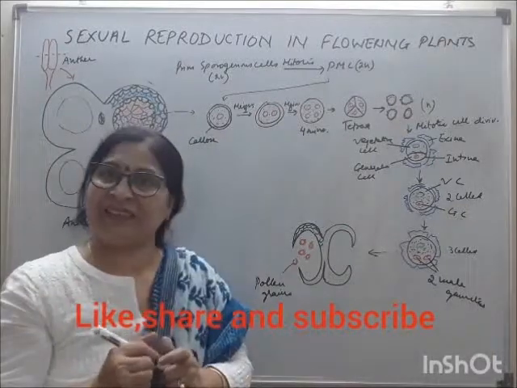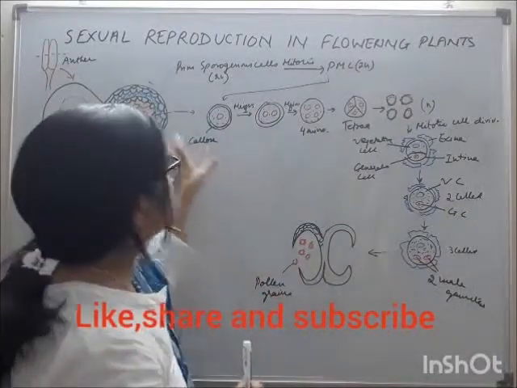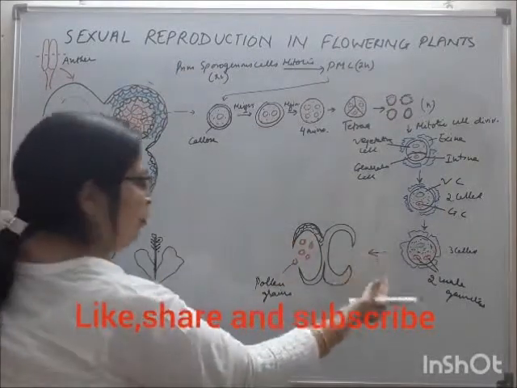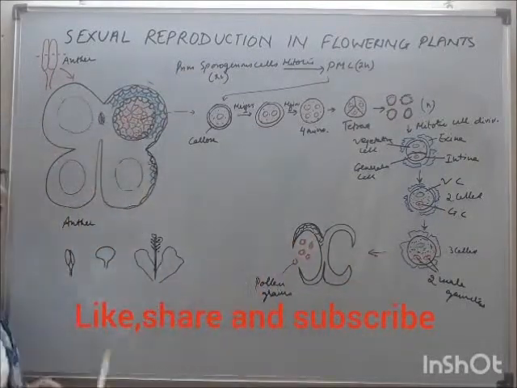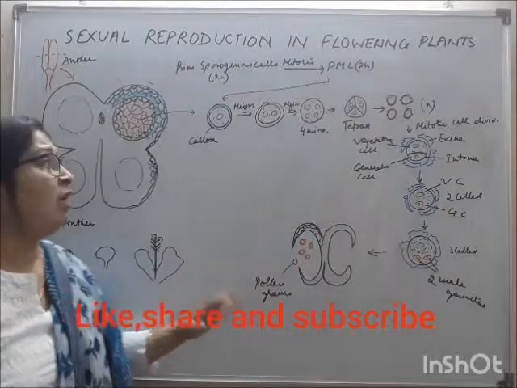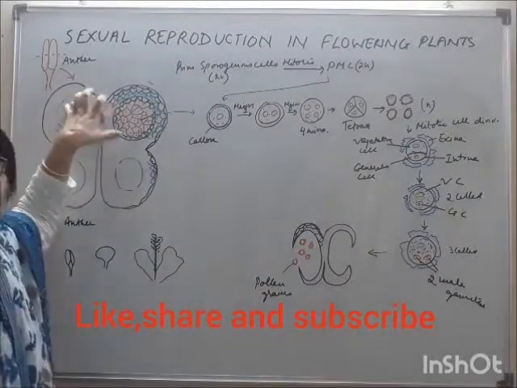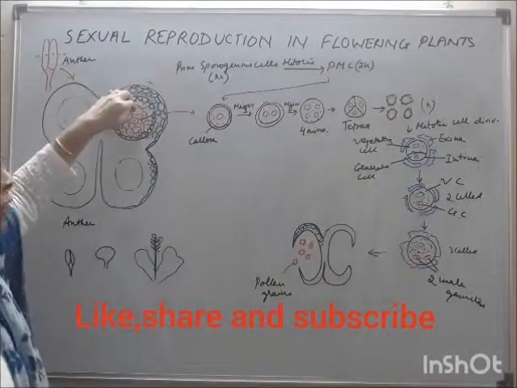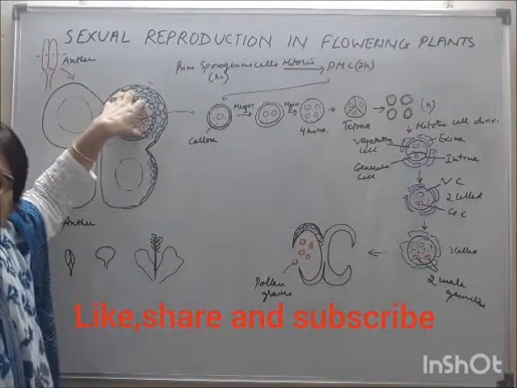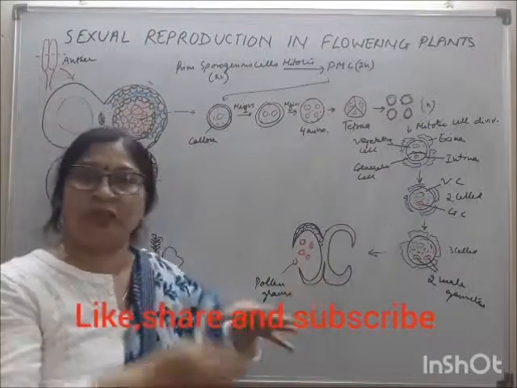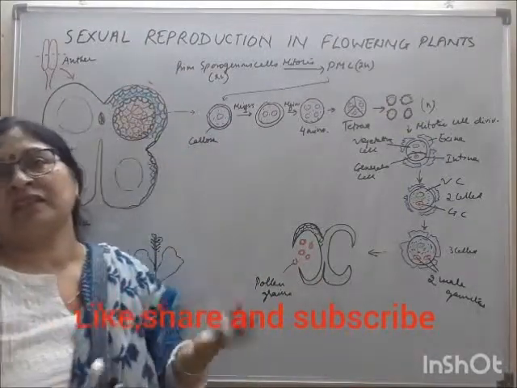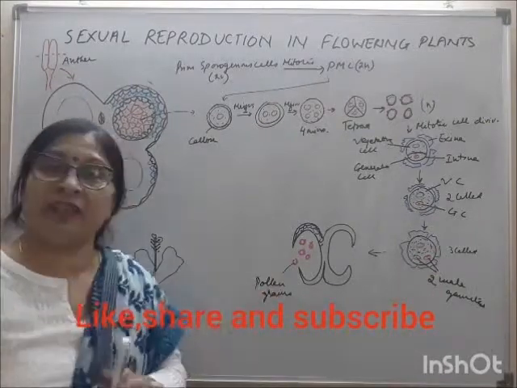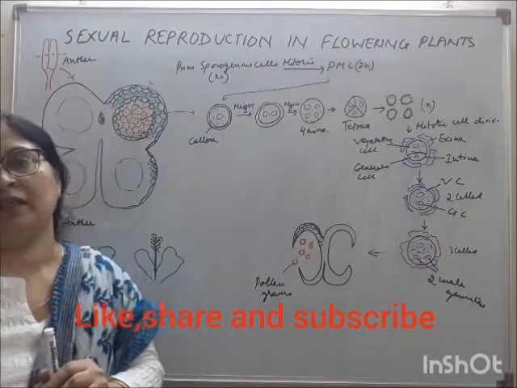Pollen grains release. ठीक है, so this is all about the flow chart, how the male gametes are produced and then the releasing of pollen grains from the pollen sac. तब तक ये पोलन सैक के अंदर ही रहेगा. और उसके बाद these pollen grains, when they are released, then stick on the stigma part. But all these pollen grains are haploid in nature.